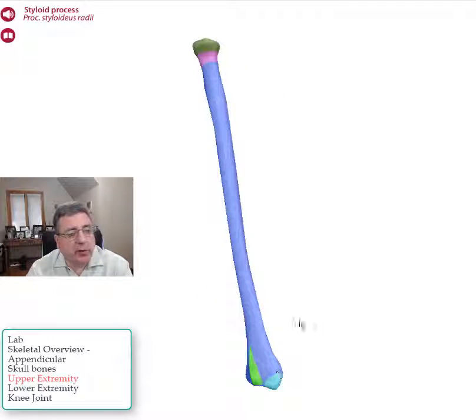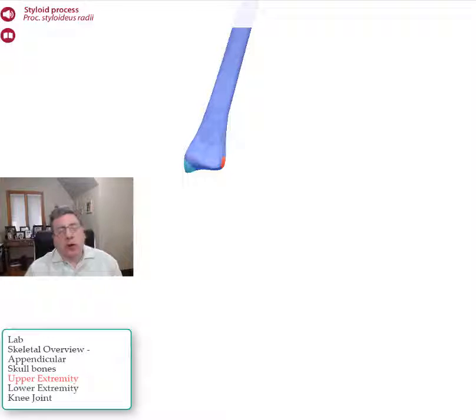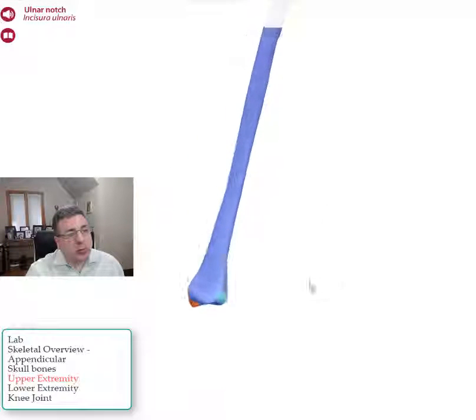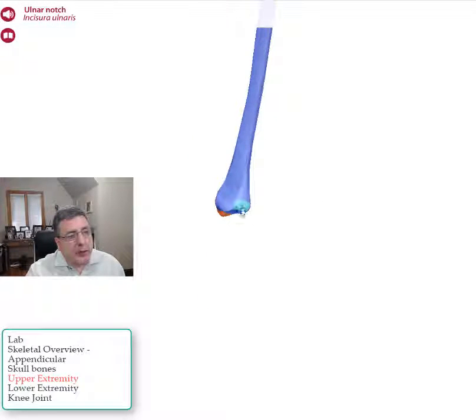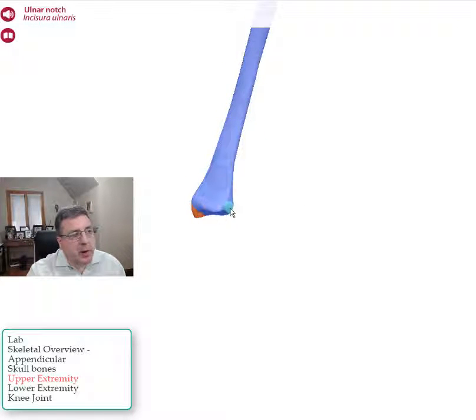Styloid process, that's going to be the distal portion, that little point on this one, and that's going to be the attachment site for the carpi ulnaris muscle. And then the ulnar notch, which is that little piece down here. We're going to have the ulna following here, and this is articulating with part of the ulna.